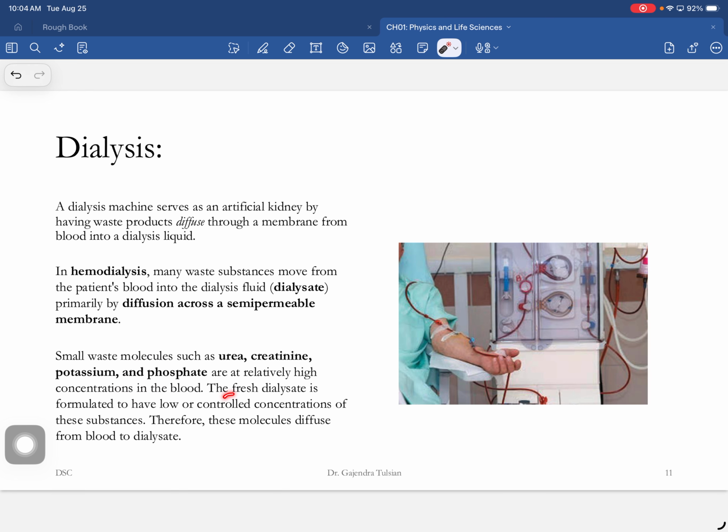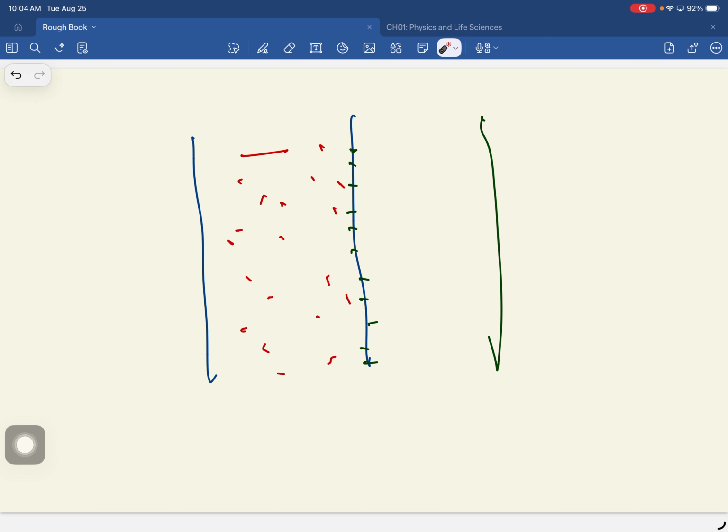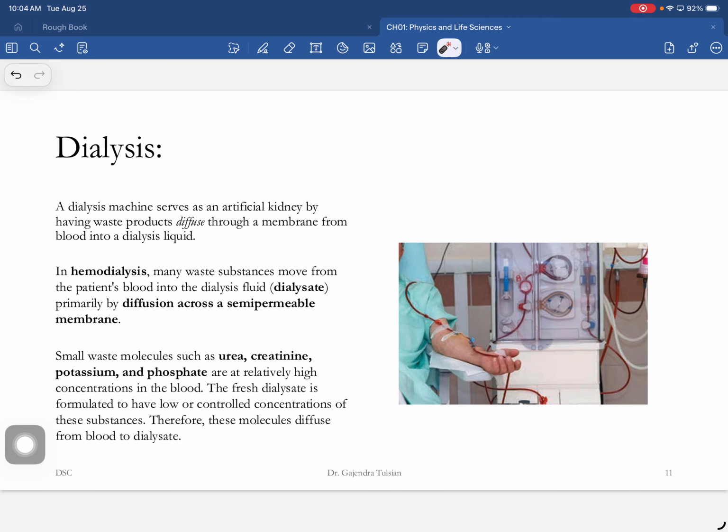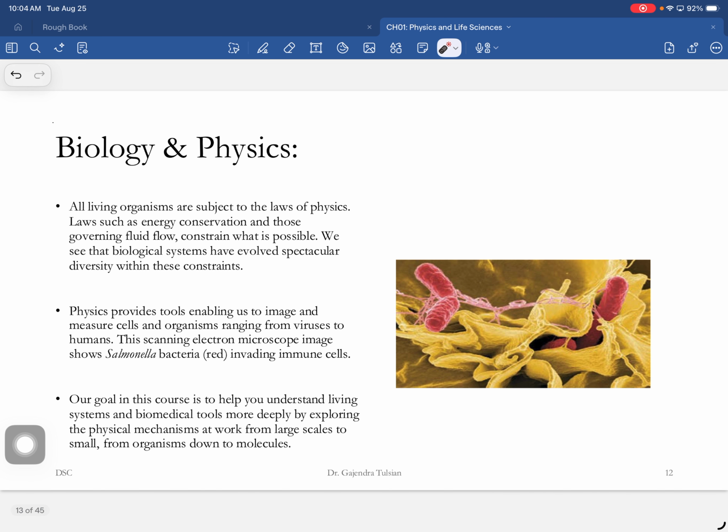The fresh dialysate, where there's no urea and all that, is in the dialysis machine, and all this toxin diffuses across the membrane. The fresh dialysate is formulated to have a lower, controlled concentration of these substances, and these molecules diffuse across the membrane.